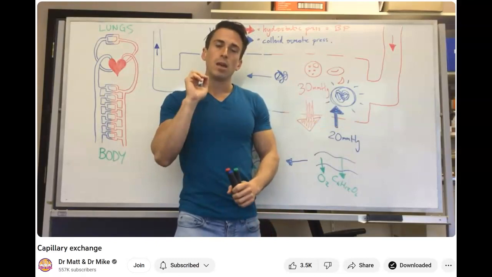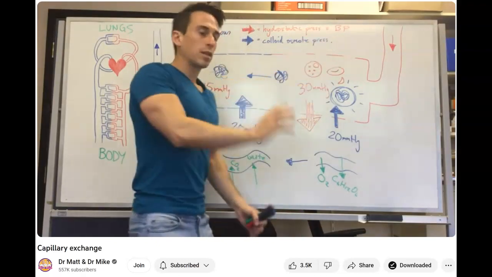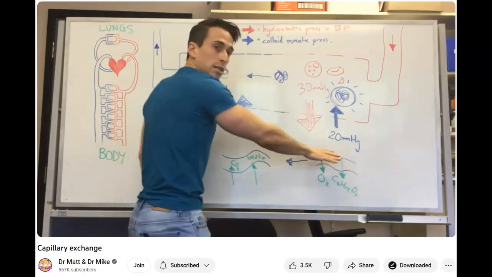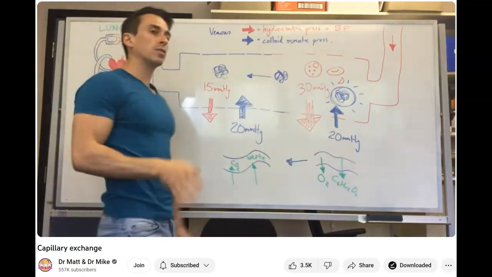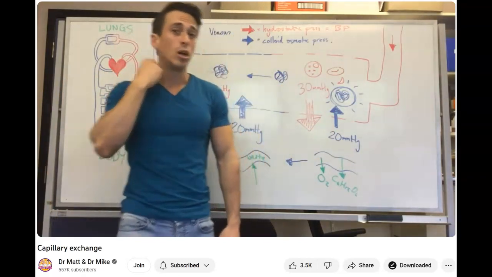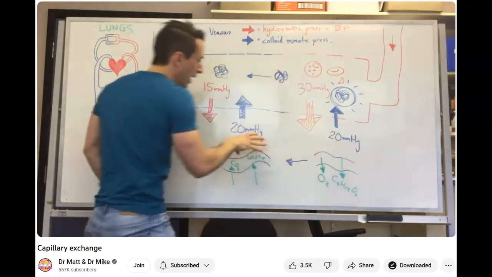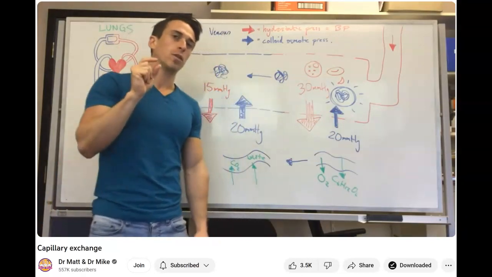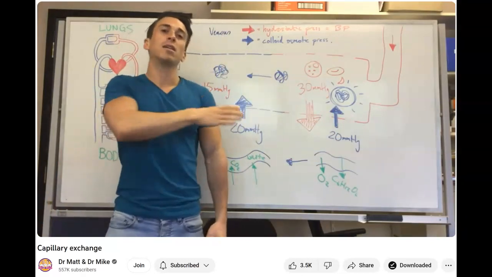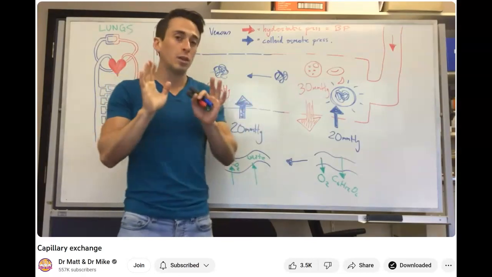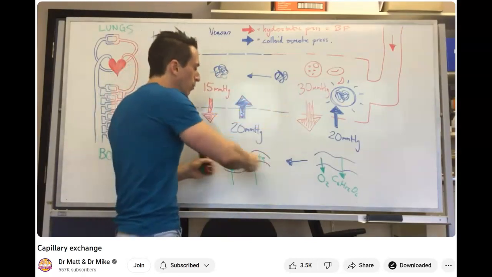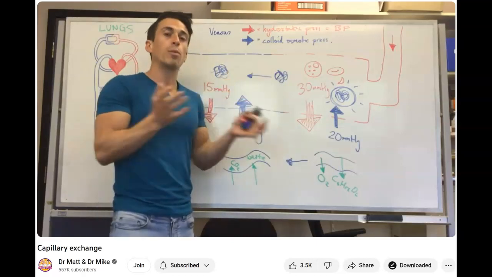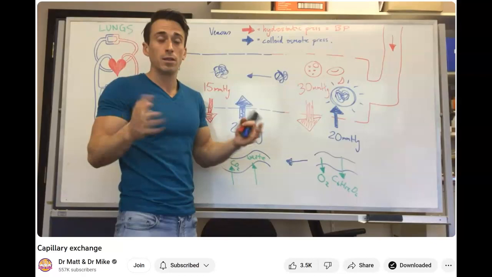Okay? Now, you may think that under normal situations, of all the fluid that gets pushed out on the arterial side, it all gets pulled back in. That's not the case. There is a small percentage of this fluid that once it gets pushed out, it cannot get pulled back in. Now, even though it's a fraction of the fluid, it's enough that if we could not pull that fluid back in, our blood pressure would drop enough that we'd die at the end of one day.